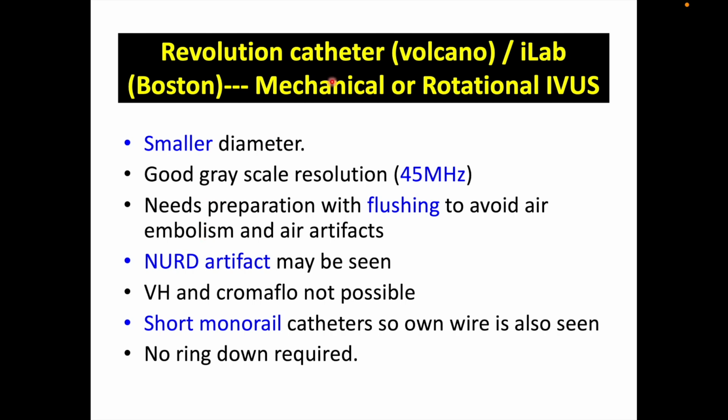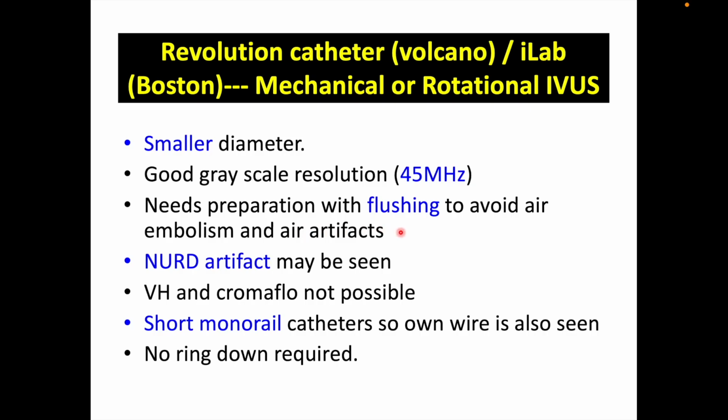So, important differences: both Volcano and Boston have their mechanical or rotational IVUS catheters, but in Pakistan, iLab is with Boston, which is a mechanical or rotational IVUS catheter. These are smaller diameter and have good grayscale resolution, but they do need preparation with flushing to avoid air embolism and air artifacts.